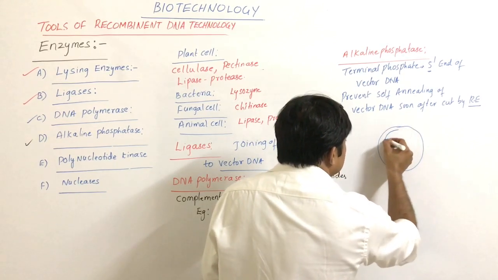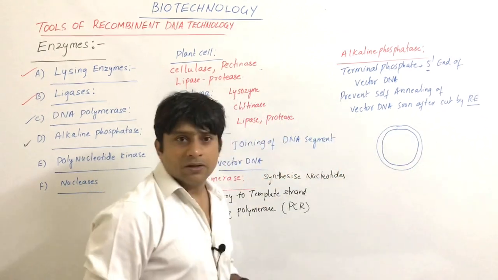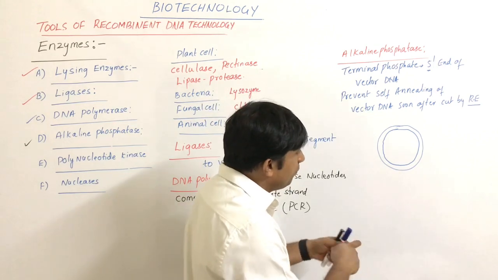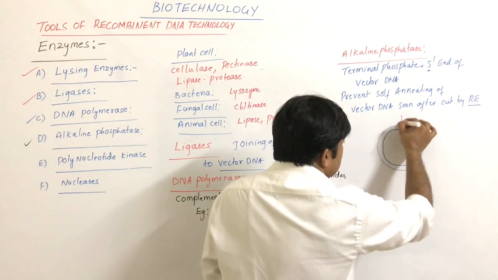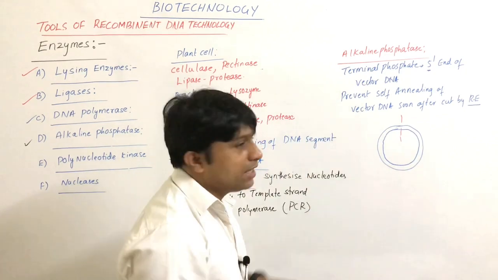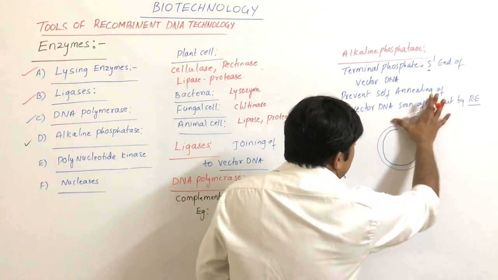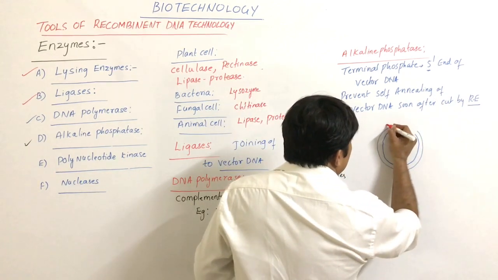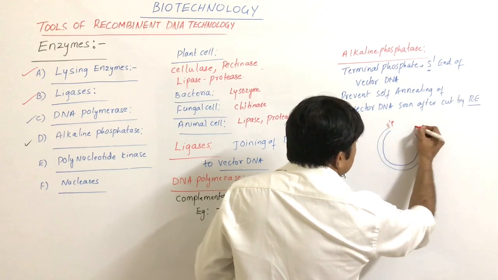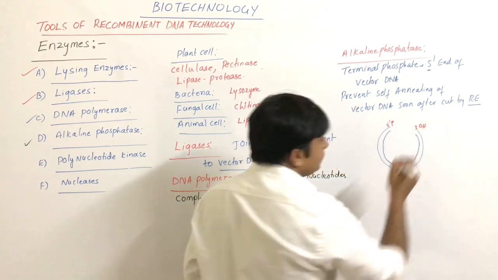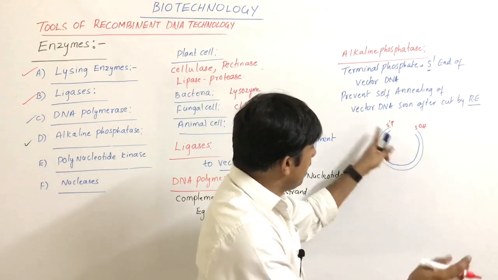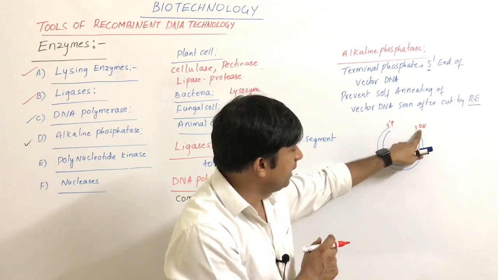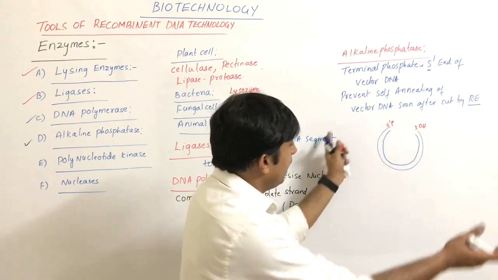So here, this is the vector DNA. To add our gene of interest, the vector DNA will be cleaved by using a restriction enzyme. When the vector DNA is cleaved, it produces a 5' phosphate and 3' OH. So immediately after cleaving it with the restriction enzyme, as long as this 5' phosphate and 3' OH are present, it will once again join.